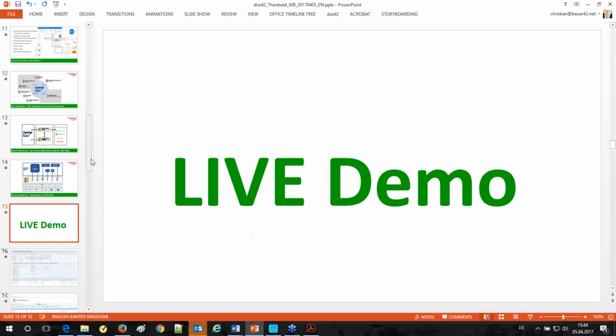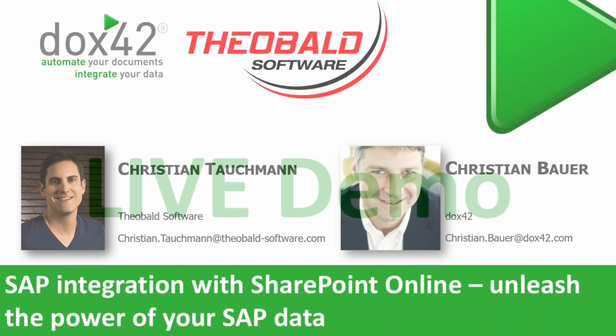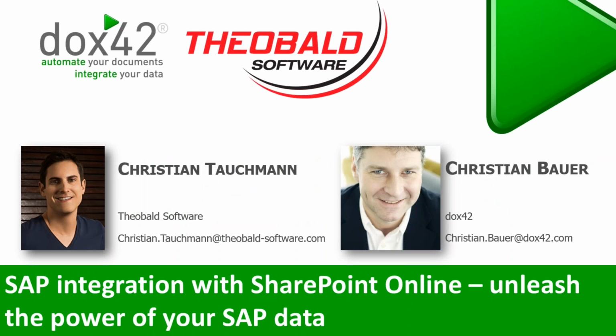We are now going to the roundup. So what we saw is how to set up an SAP extraction with Extract Universal, how to do table joins there, how Christian Tauchmann did it, to enter a sales order in the wonderful SAP GUI and extract this sales order with Extract Universal and sync it to SharePoint Online.